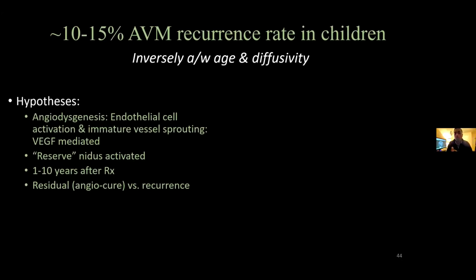So we follow all these children with catheter angiography, which we do at 1 year as well as 5 years. In the interim, they continue to receive MRIs, and we follow them well into adulthood to see if there are any recurrences.